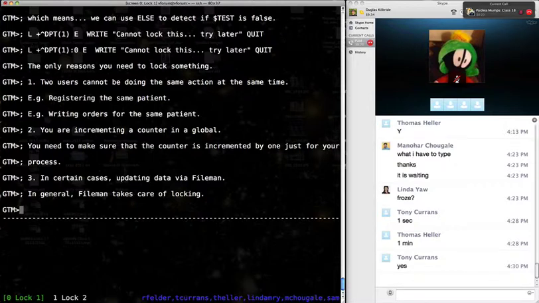I'm going to have to check with Rick on exactly which old style APIs take care of locking, but I know about the new style APIs, which most of you are going to use in your programming.